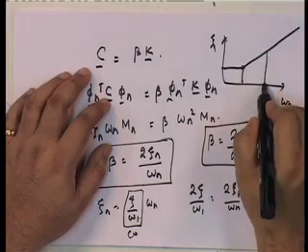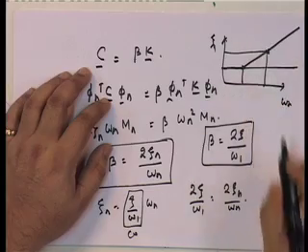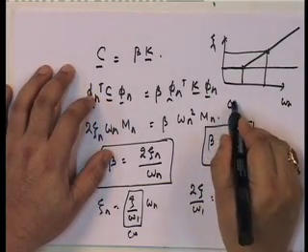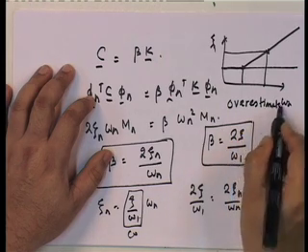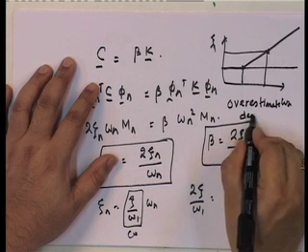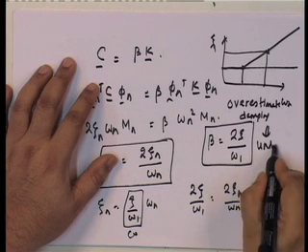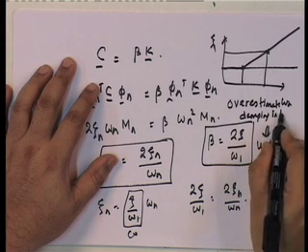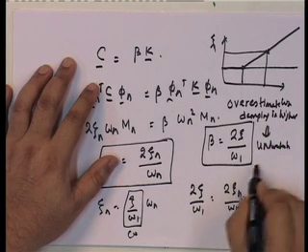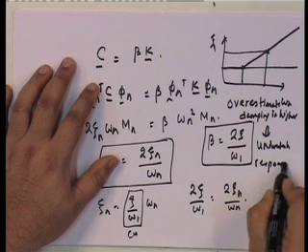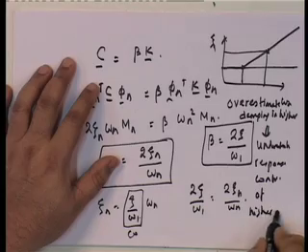So, that means for the second mode, if this is what it is supposed to be, it is actually this. Overestimate damping, and therefore underestimate in higher modes, and therefore underestimate the response contribution of higher modes.